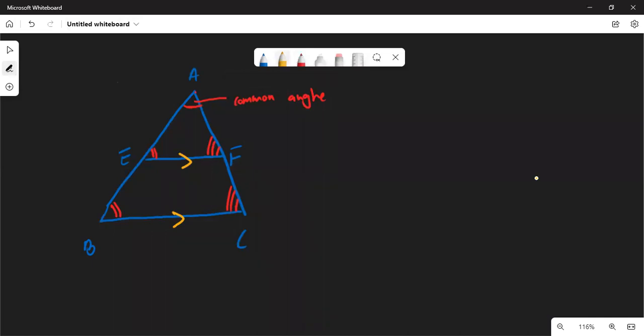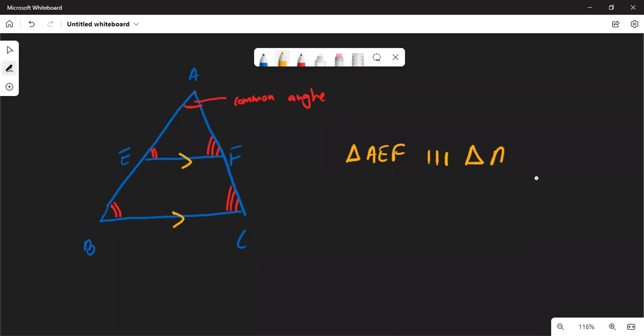So which one do you want us to start with? Triangle AEF. All right, so triangle AEF is similar to which triangle now? ABC.